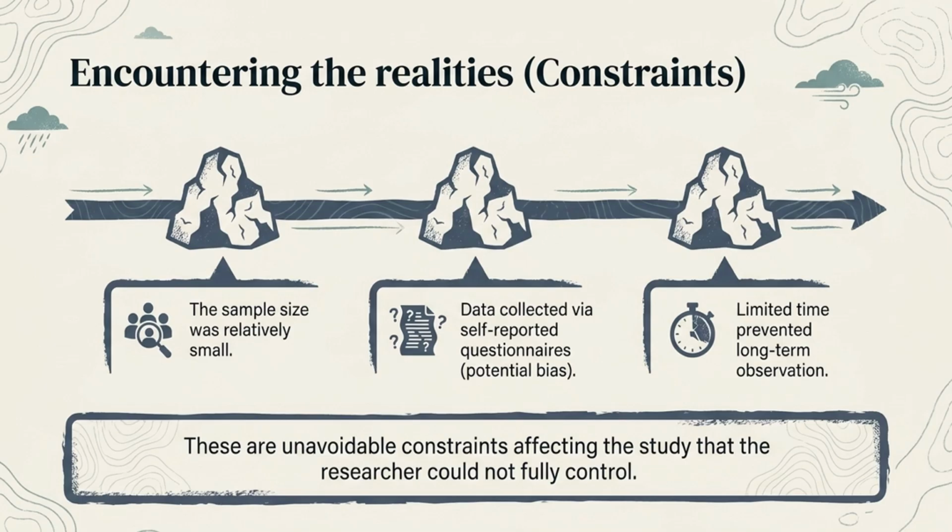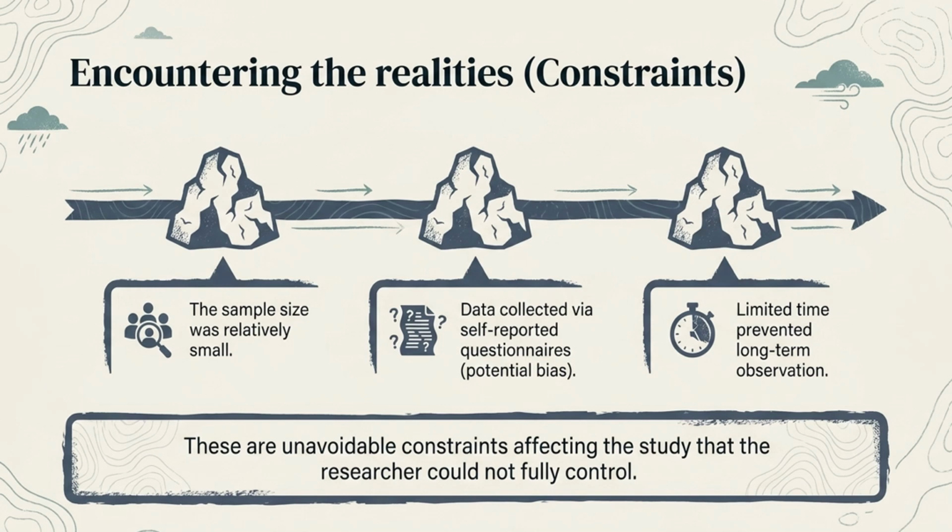Now, let us consider some possible limitations. Suppose many participants are unwilling to provide information. As a result, the researcher is forced to work with a small sample size. This situation is not under the researcher's control and therefore becomes a limitation. Similarly, suppose the researcher has only 2 years to complete the entire study.